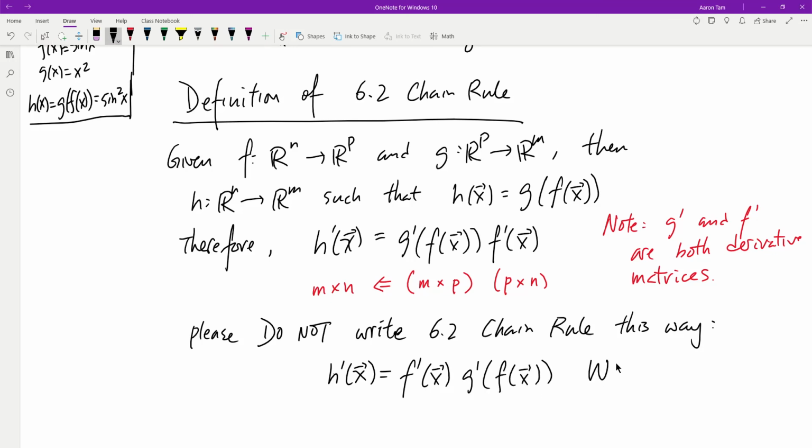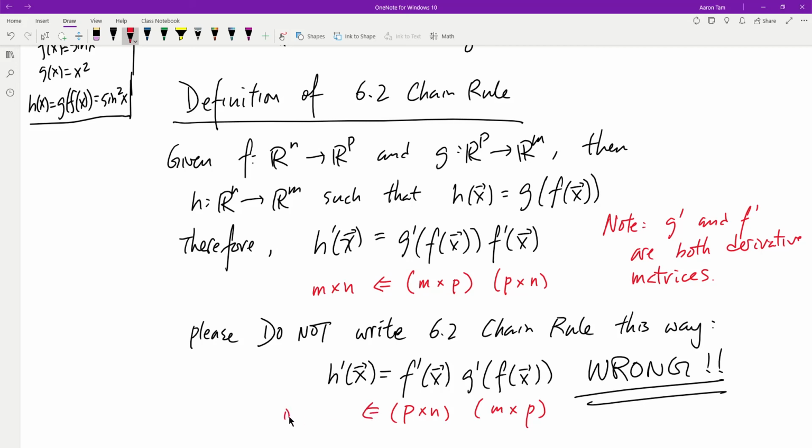Okay, this is wrong. Why is it wrong? Because the matrices cannot be multiplied together this way. In this scenario, you basically have a P by N matrix and attempt to multiply by an M by P matrix, and that multiplication is invalid. And therefore, your chain rule is actually incorrect when you write it this way.